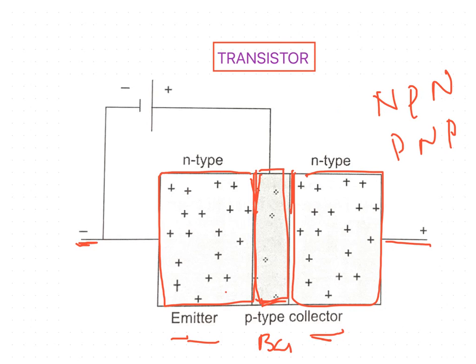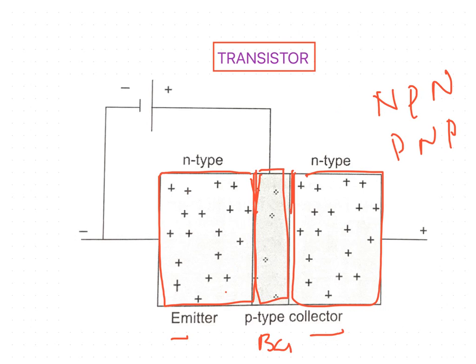For that reason the electrons are unable to pass from the negative N type to the positive P type semiconductor. So they cannot cross the base and collector junction. Then what is the use of this kind of transistor?